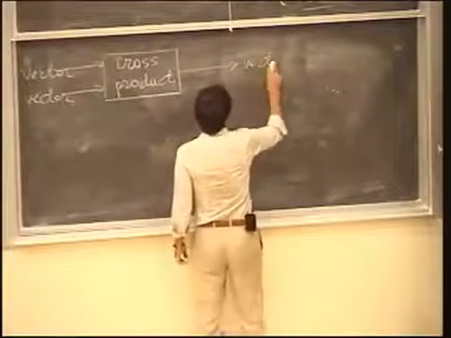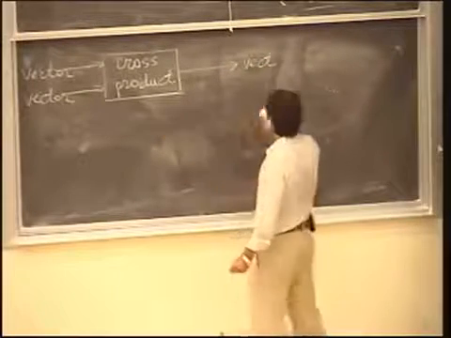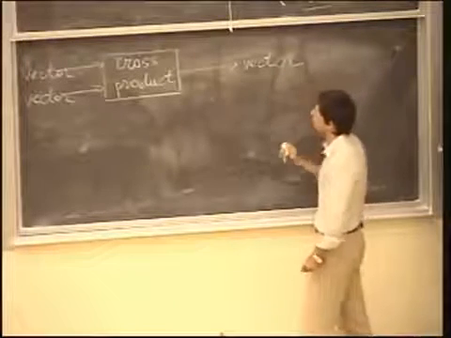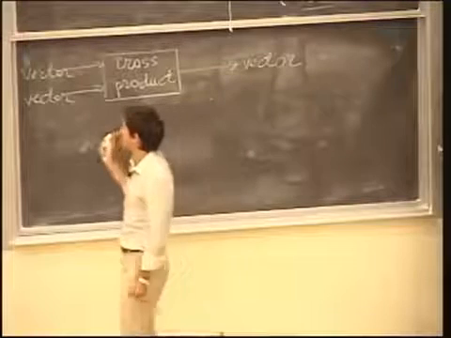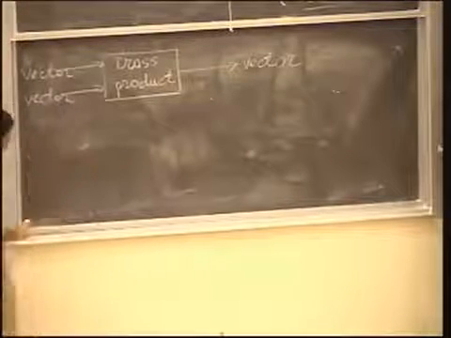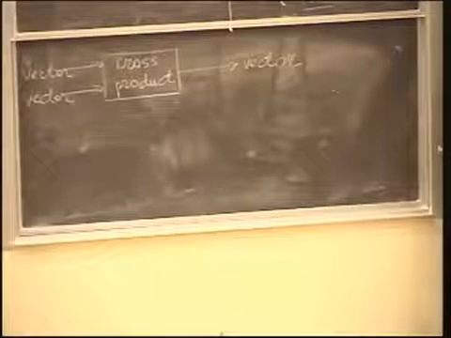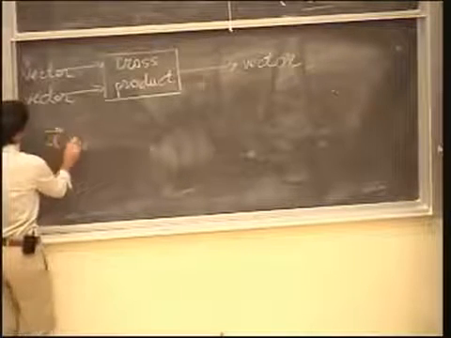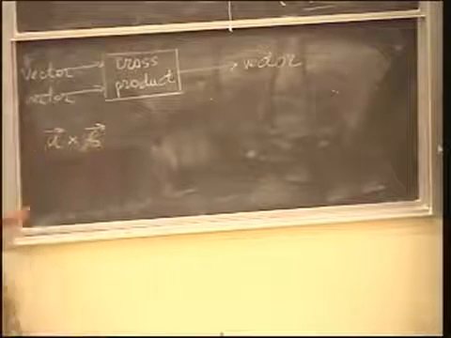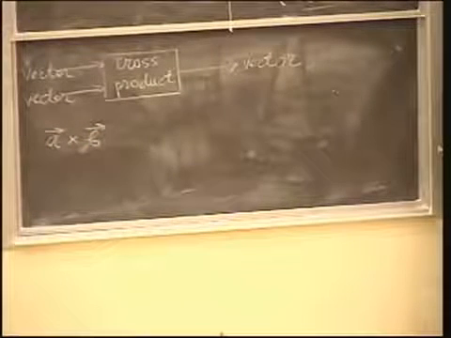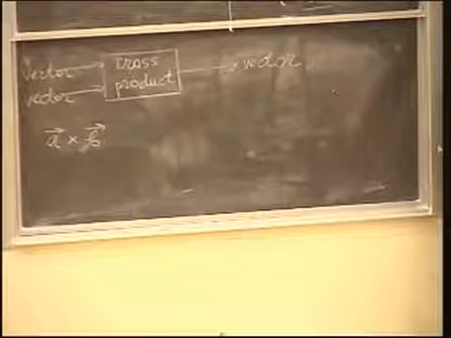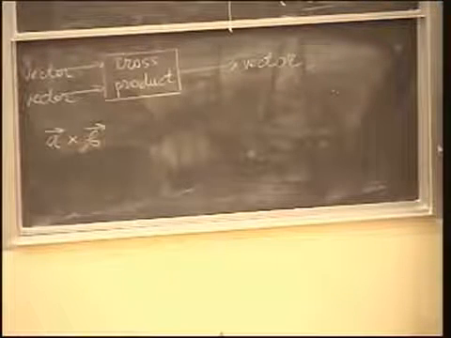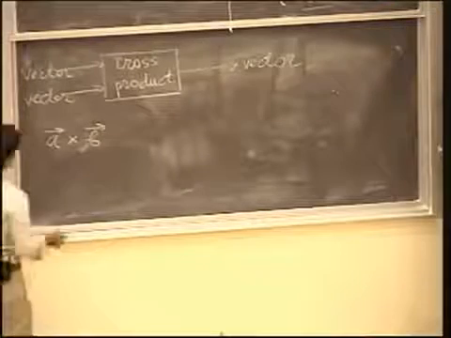But the output will be, instead of a number as in the case of a dot product, a vector itself. The notation for this is A cross B. And again, there are two different definitions, just as in the case of a dot product. The first definition being geometric, and the second definition being algebraic. So what's the first definition?